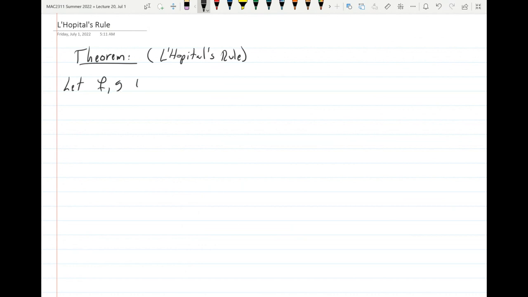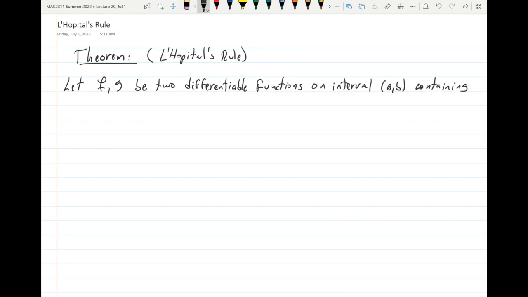So let f and g be two differentiable functions on an interval (a, b) containing the point c, and except possibly at c.